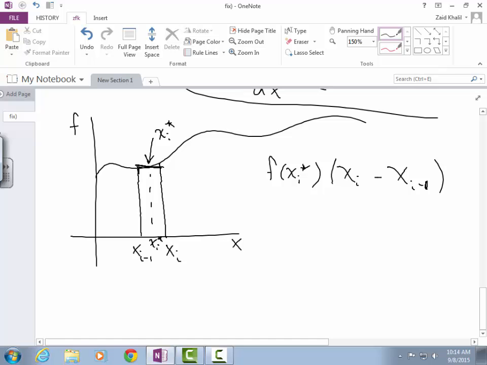Now, one of the things I didn't tell you guys about last year, which I'm doing this year: if I wanted to find the area of all these boxes, what would I do? I'd do a sum. And how many rectangles are there going to be? Be careful. N. That's right. So i equals 1 to n.